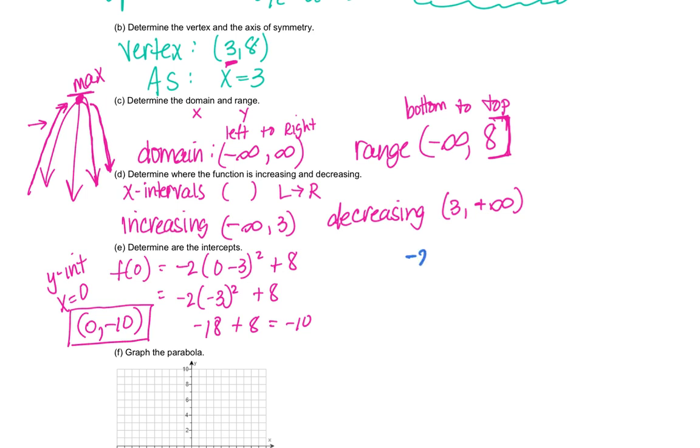So we got negative 2 times (x minus 3) squared plus 8 equals 0. So I am going to do the square root method. Since I have that (x minus 3) squared, I want to do the square root method. So negative 2 times (x minus 3) squared equals negative 8. Then I'm going to divide by this negative 2.